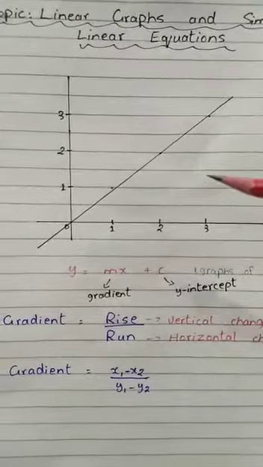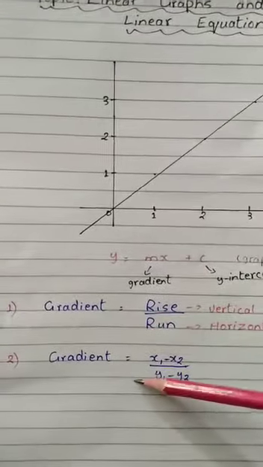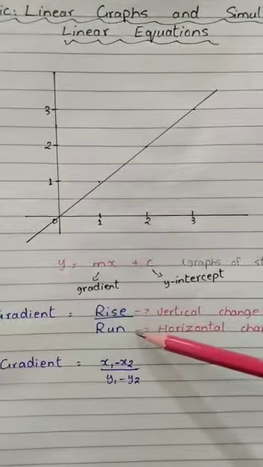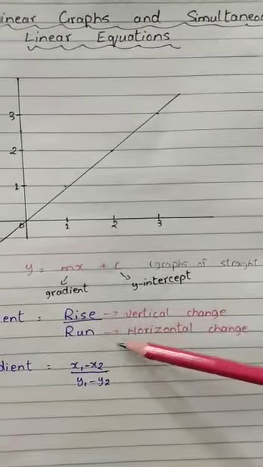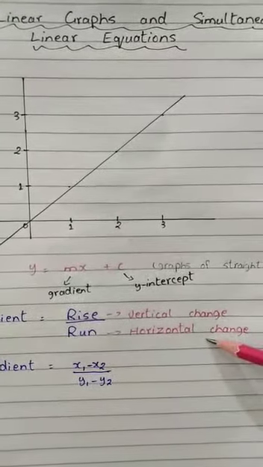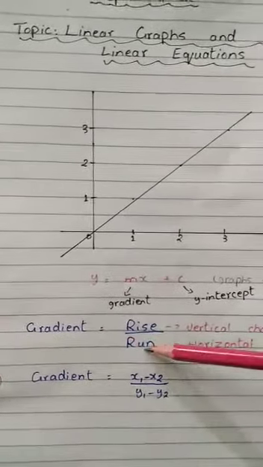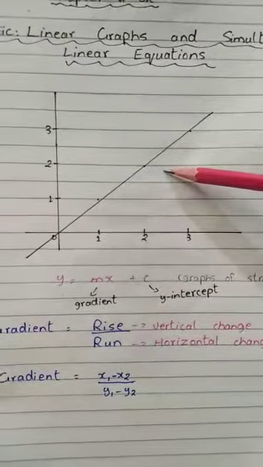So how can you find the gradient? We can find the gradient by using two formulas. The first one is gradient = rise over run, where rise denotes vertical change and run denotes horizontal change. So for using method 1, you need 2 points on the graph. How will you take 2 points?